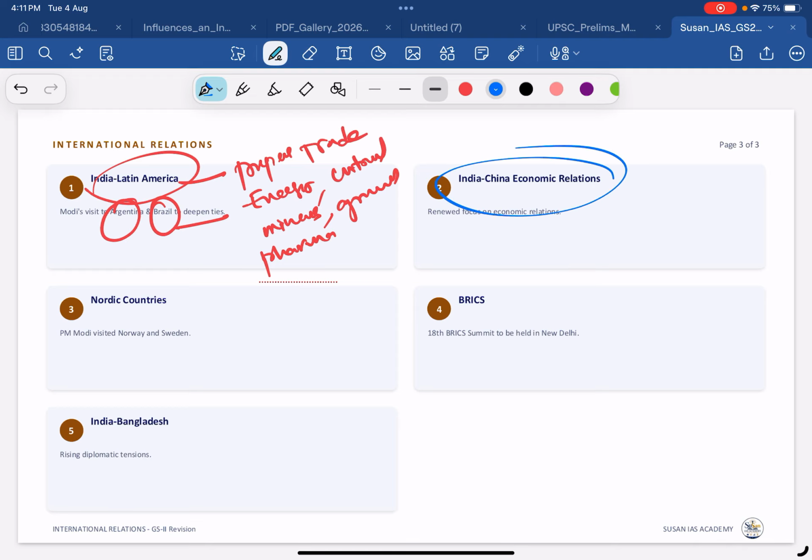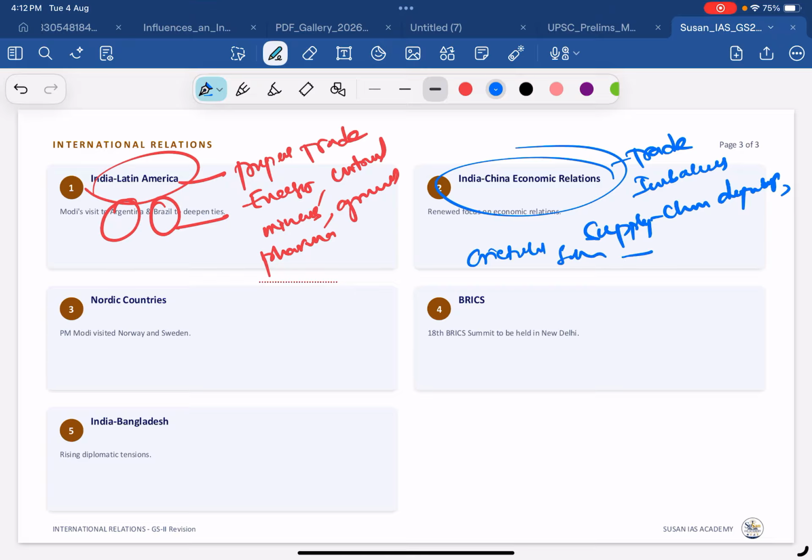And then another thing is India-China economic relations. Prepare trade imbalances, supply chain dependency, investment, critical sectors, border tensions, economic engagement and de-risking. These are the dimensions that can be covered in India-China economic relations.